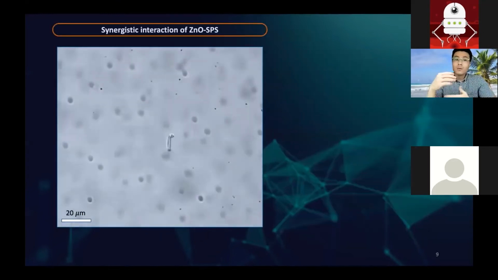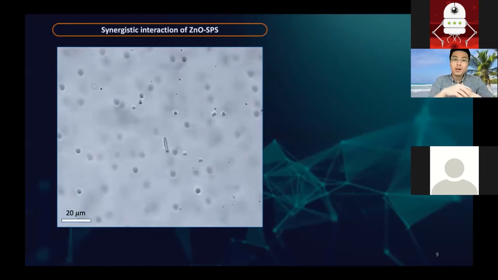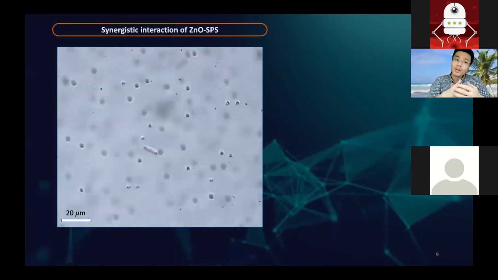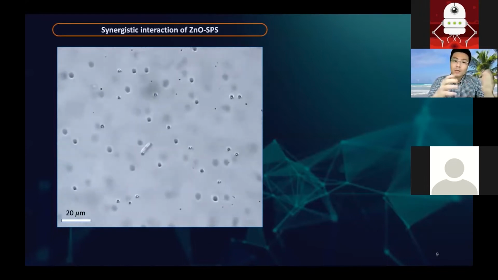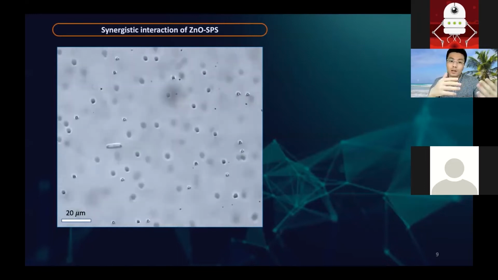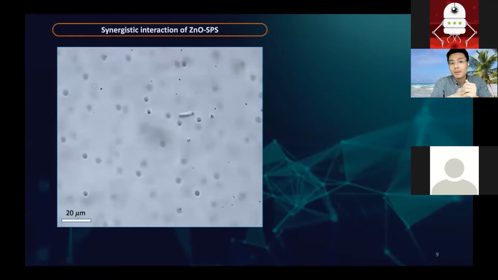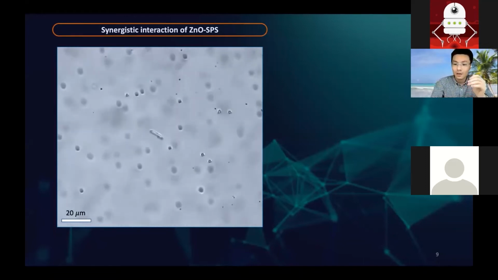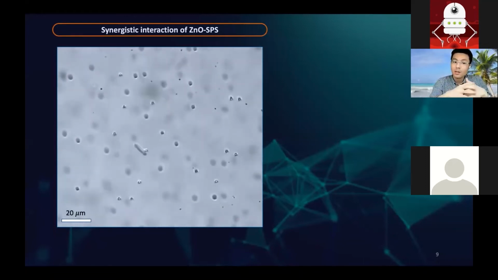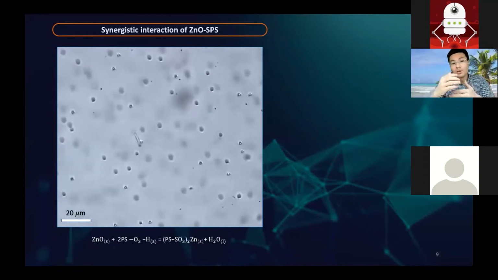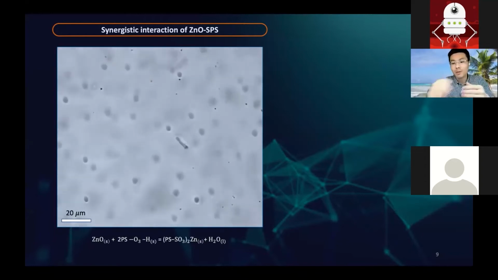Now, when we mix the nanorods and the SPS particles in water, we observe very interesting interactions between these two particles, as in this video: attraction, repulsion, and assembly behavior. This interaction is due to the ion-exchange reaction between the zinc oxide rods and the SPS particles.